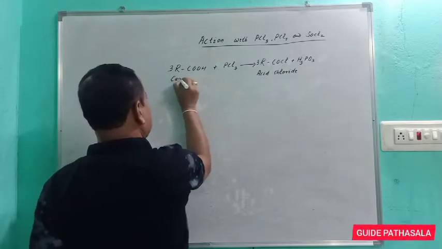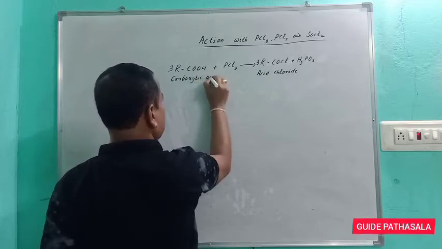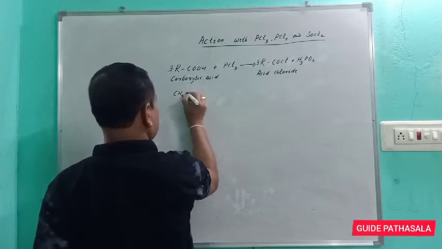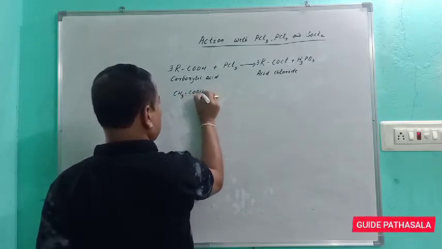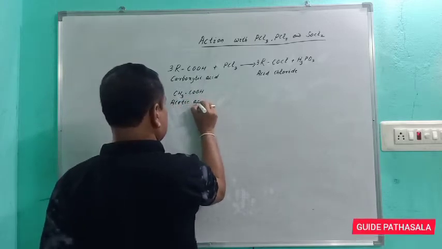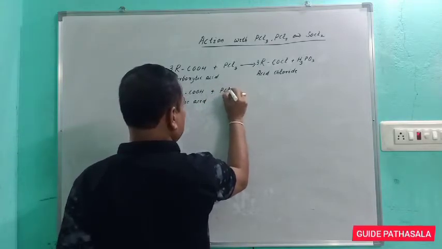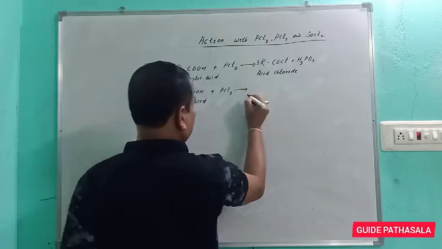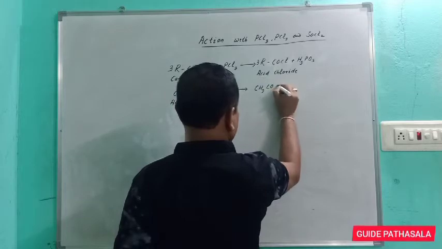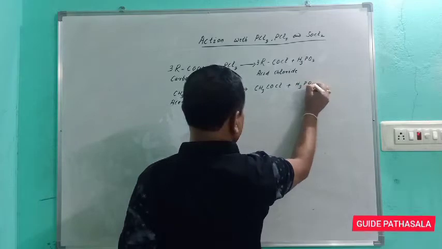RCOOH is your carboxylic acid. If you take acetic acid, CH3COOH, when acetic acid reacts with PCl3, you will get acetyl chloride, CH3COCl, plus H3PO3.